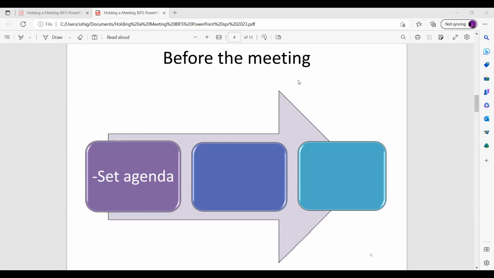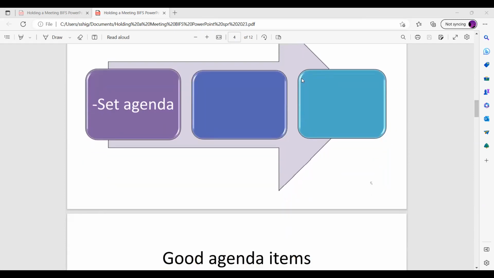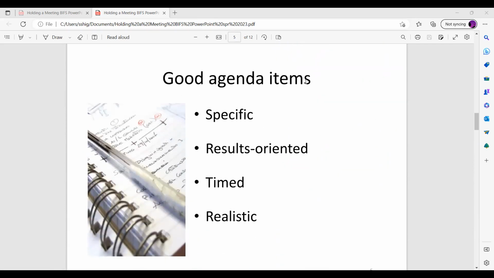The agenda is very, very, very important. You need a specific, results-oriented, and, people take this for granted, timed agenda, especially if you have different people speaking at this meeting, and it needs to be realistic. I had the responsibility of planning a workshop for colleagues in the spring.